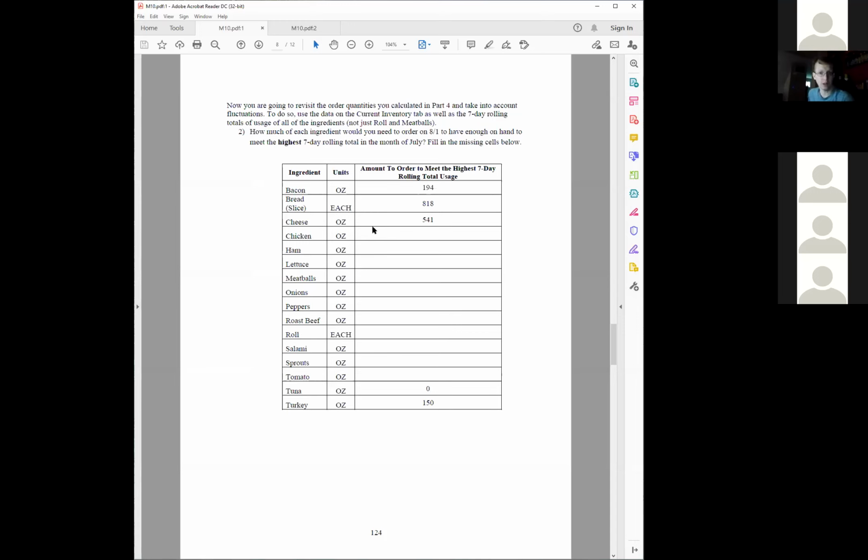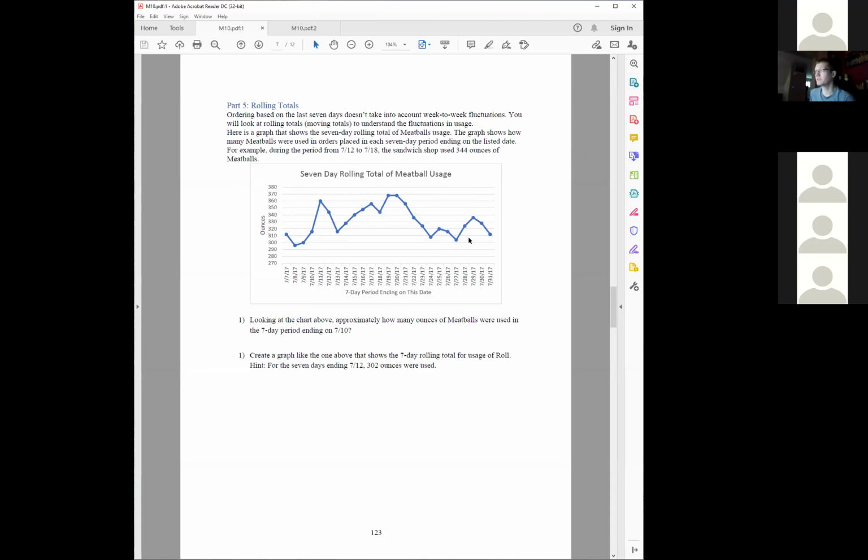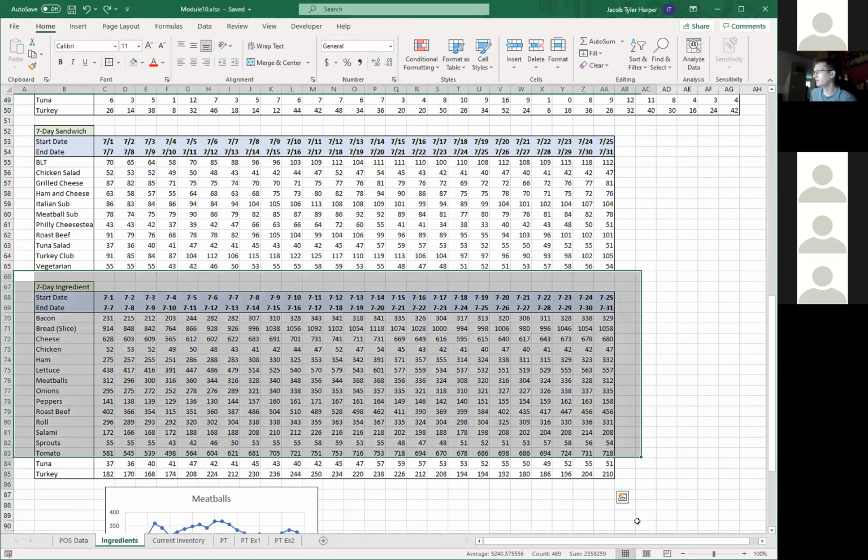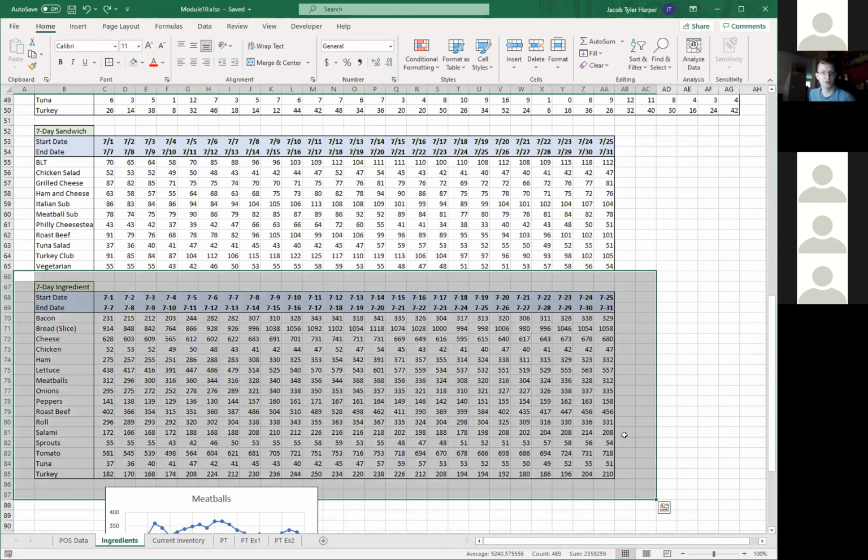Then there is a follow-up question about amount to order, which is near identical to the last question in part 4, except instead of picking out a specific set of 7 days, you're just using the highest 7-day total. For instance, for meatballs, it's probably one of these two numbers up here. That is why this table is extremely helpful.